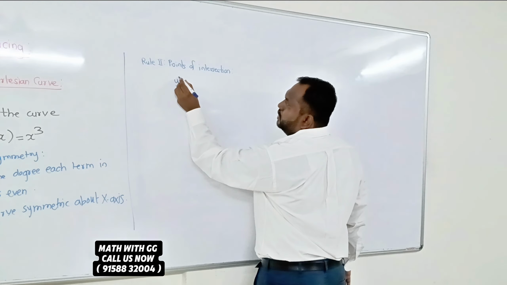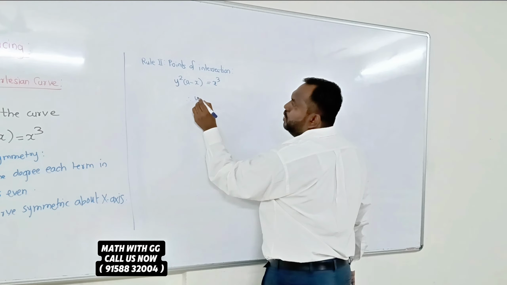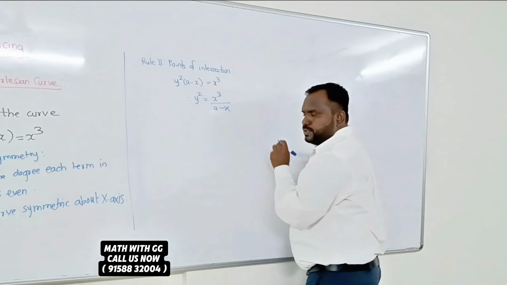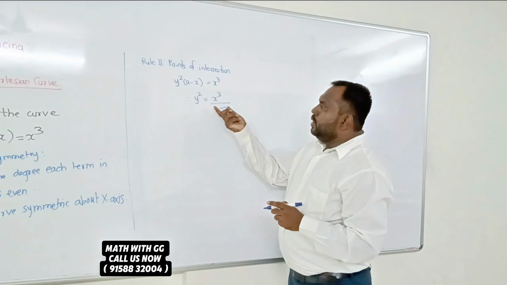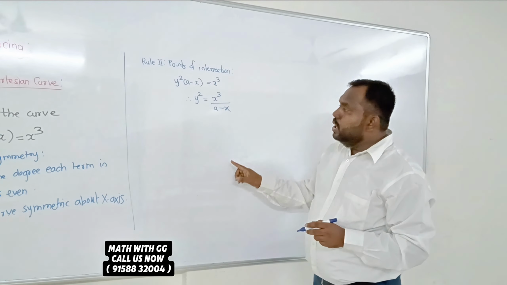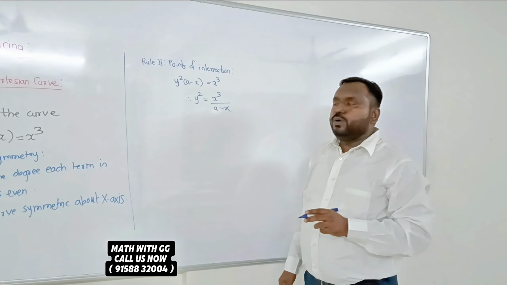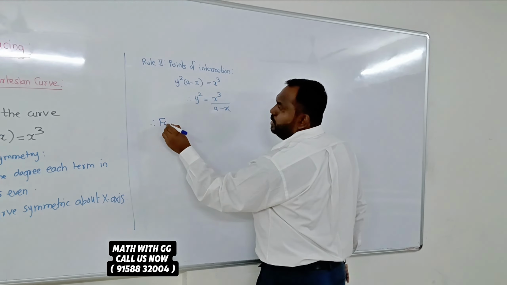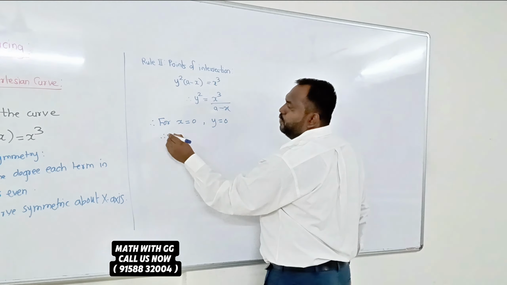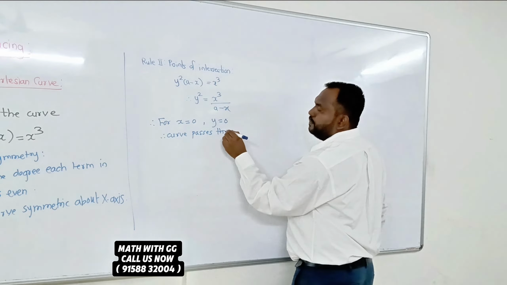Here y square into (a minus x) equals x cube, therefore y square is equal to x cube upon (a minus x). If we put x equal to 0, the numerator is 0 and the denominator is a, so 0 upon a, the ratio will be 0, therefore y equal to 0. Therefore, for x equal to 0, y equal to 0, so the curve passes through the origin.